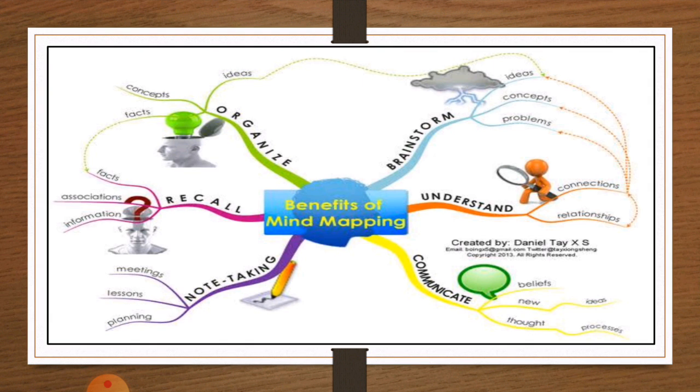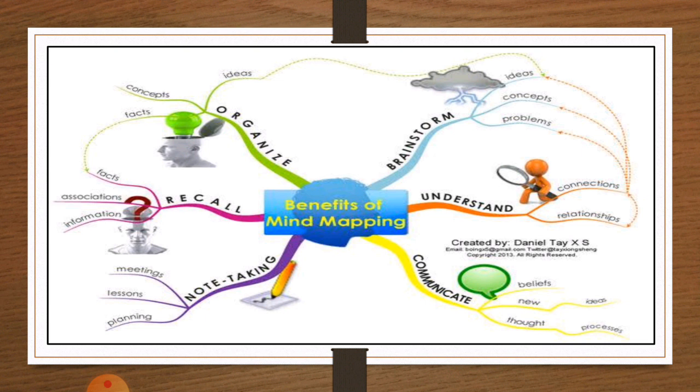Now students, let's focus on some benefits of mind mapping. It is useful in brainstorming activities based on ideas, concepts and problems. It will help you to understand connections and relationships. You can communicate benefits, new things and different thoughts through it.